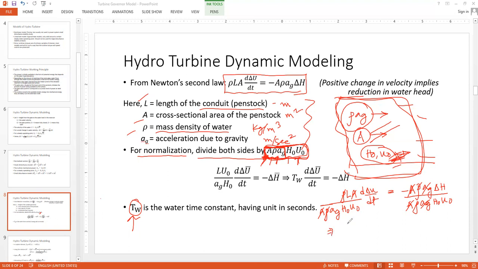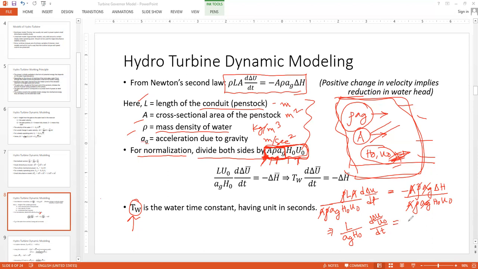So let us see. You have L at the top, and Ag and H naught at the bottom. You have one del U here. Because we are looking for a normalized expression, and U naught being a constant, we can take it within the derivative term, for a certain operating point.